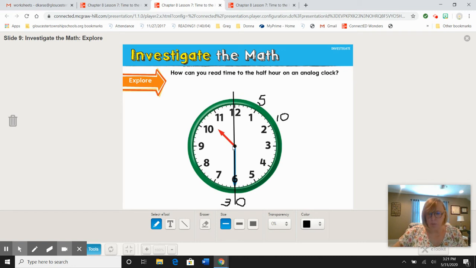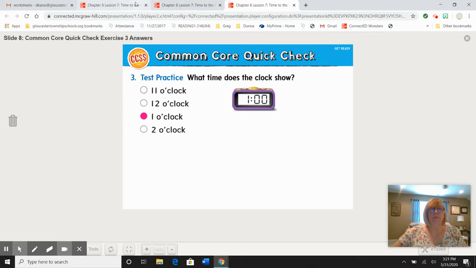It will take some practice when you look at this to say it's 10:30. You will not say 11 o'clock until the hour hand is actually pointing to the 11. So right now it is 10:30.